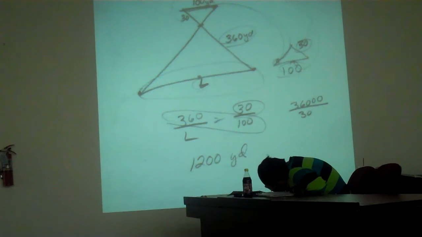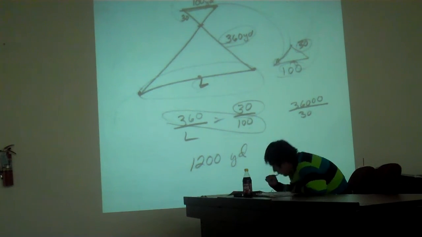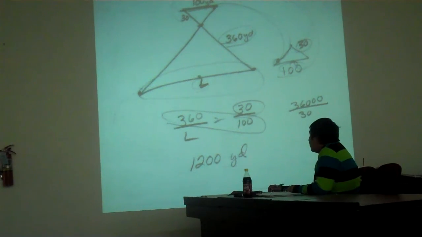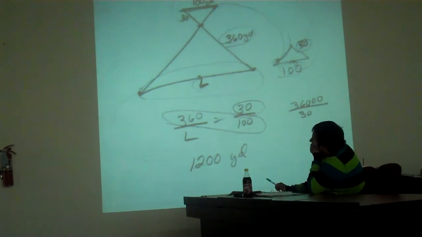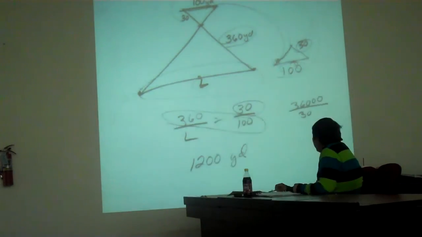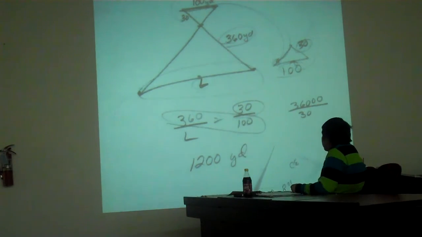Okay? So you're going to have to look at these pictures and try to figure out which side goes where. You may have to put your little triangle there and turn it around, like we did with this triangle. Just have a piece of paper and twist it around or something, if you can't picture it on your own. Okay?